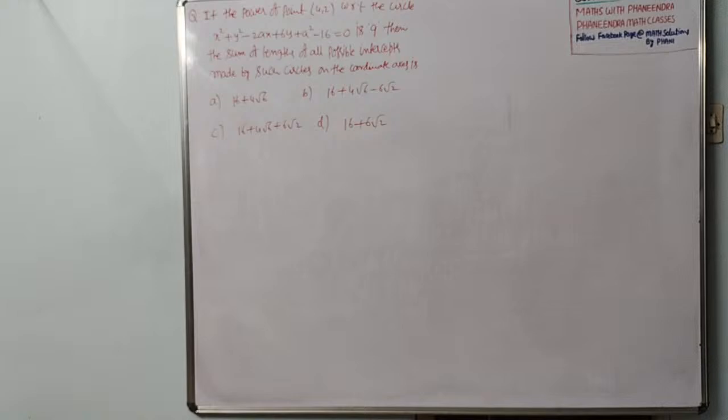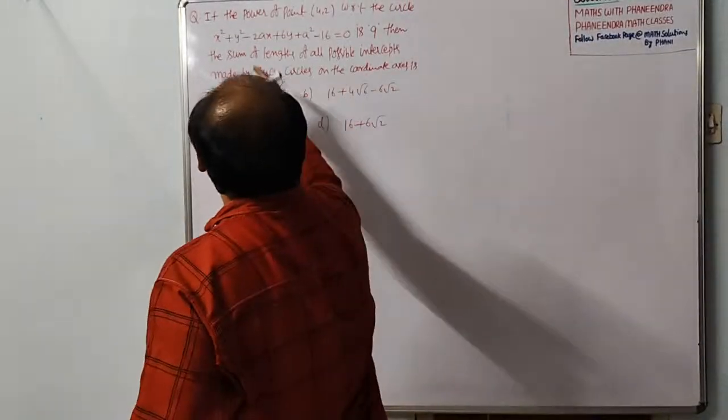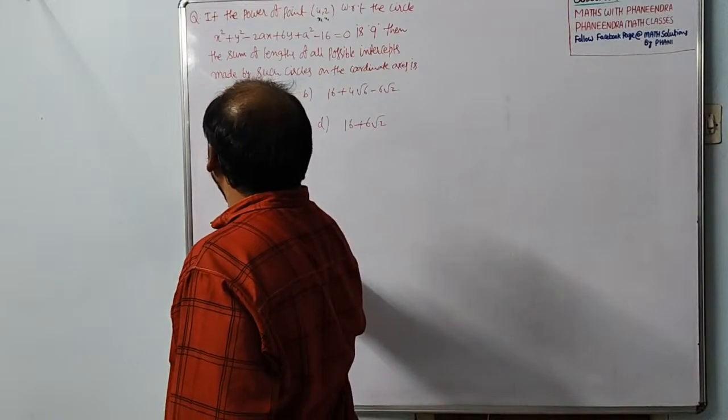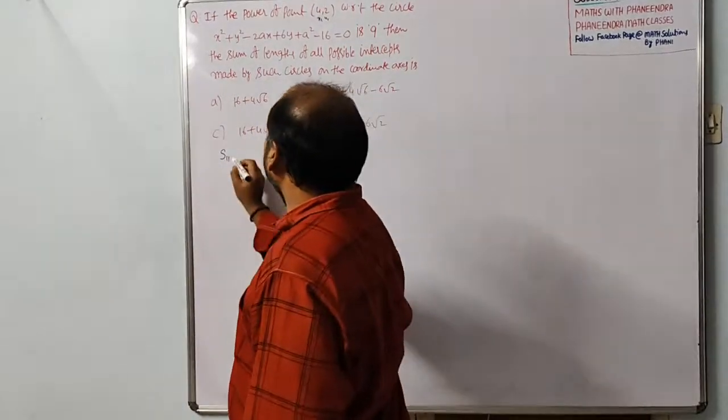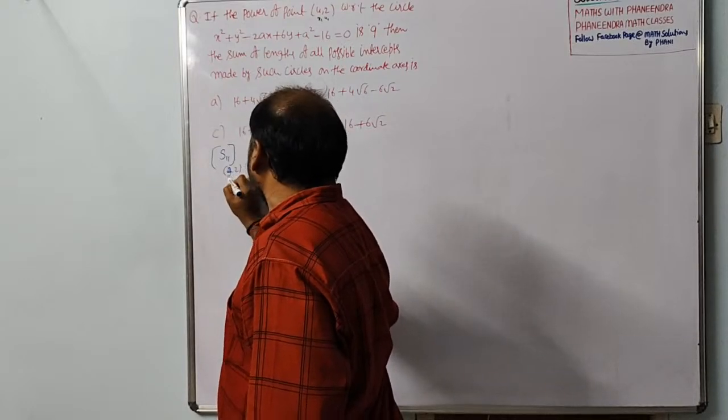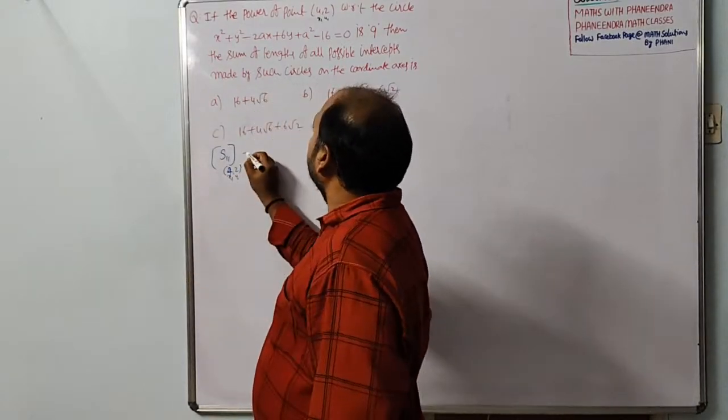Why? Because possible values means, like the previous question, we got some cases in that way. The power of point, this is x1, y1. Power of point means s11 only, no? At what point? 4 comma 2. This is x1, this is y1.